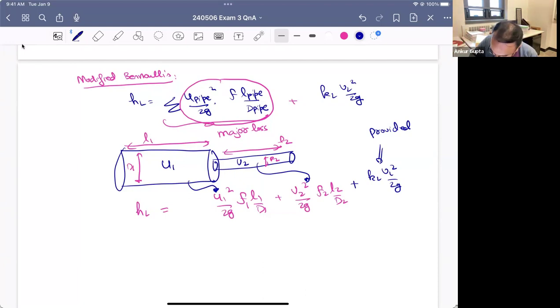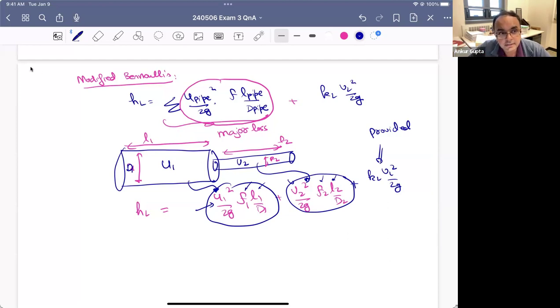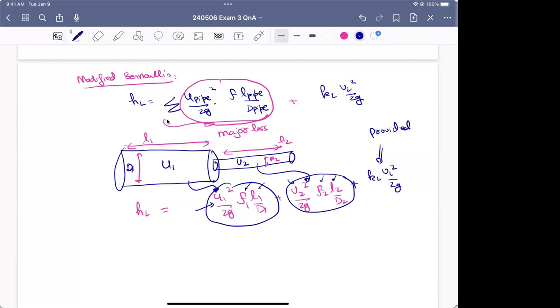But it's very important to remember that all of these terms have to be within one pipe. In this course we are not changing the diameter within a pipe, like this pipe only has diameter D1, so the velocity will not change. That's why you can use one velocity within one pipe. So make sure in the major losses, the velocity is the velocity within the pipe. Does that make sense, Jackson? Yes, that makes sense. Thank you.